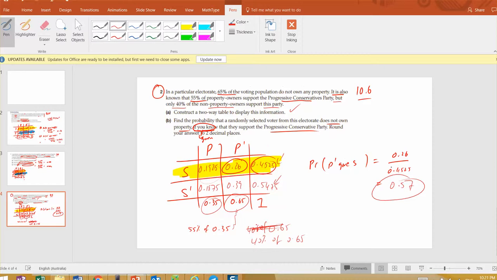You just need to know what the given is, the new total, and out of that new total you find what you want. So we wanted the non-property owners in the yellow, so it's 0.26 divided by 0.4525, the total, which gives you 0.57. Hopefully that helps. I know it can get a bit confusing, but as long as you follow the process, it should be generally okay.